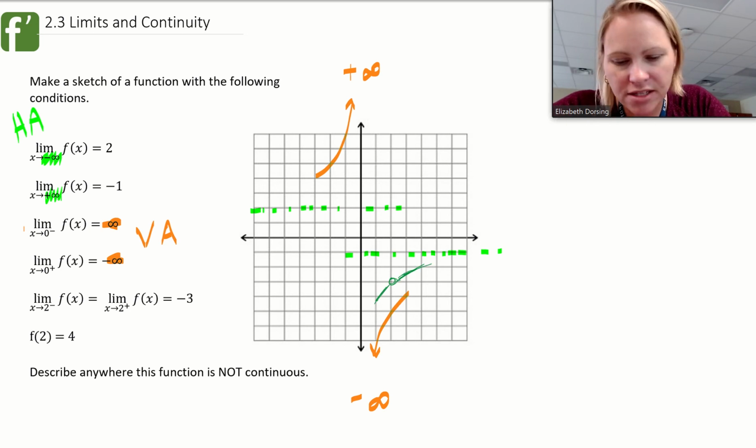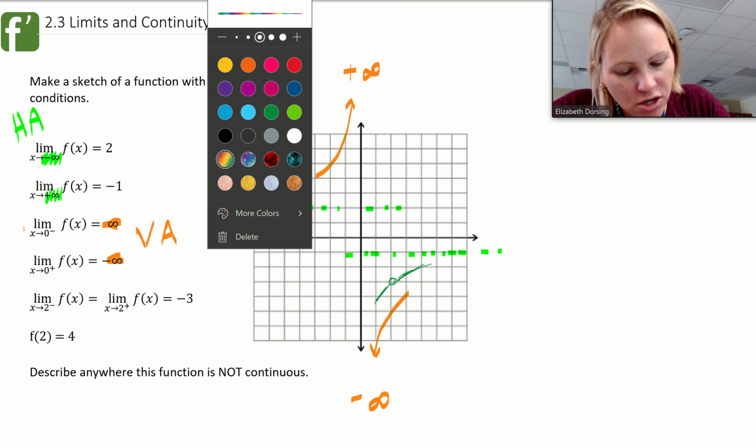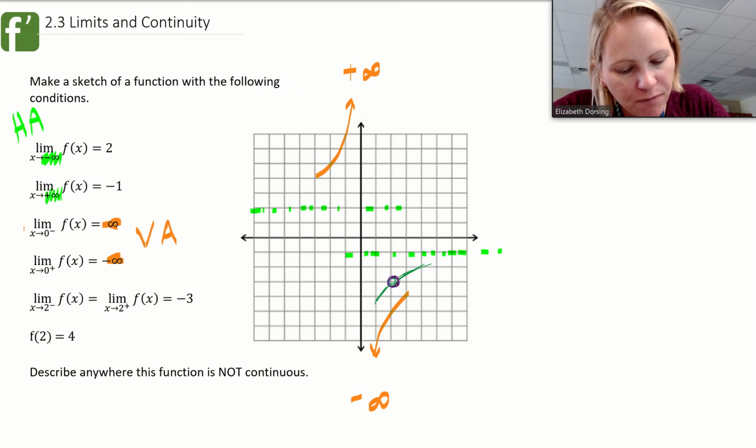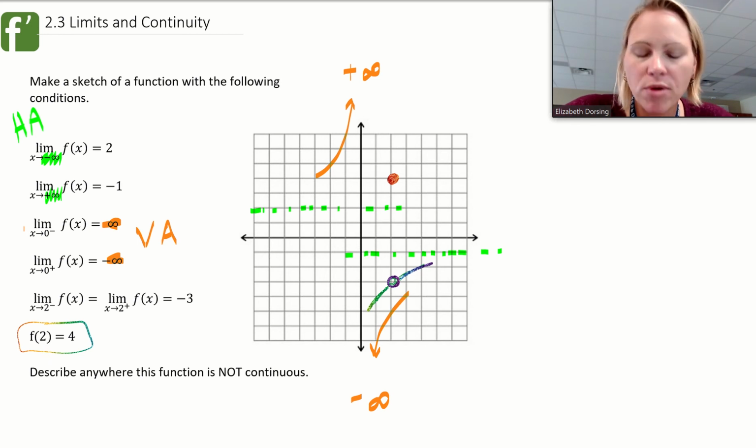So now this is actually what my graph looks like. Maybe I should use the rainbow pen to denote that. There we go. Now I'm going to fill that dot in maybe, but first I'm going to go down here and say, oh, f of 2 was 4. That's curious. f of 2 is 4, but the limit is different. So that tells me that I should be leaving an open dot at -3. It's connected there, but then I have this random dot up here, f of 2 is 4.